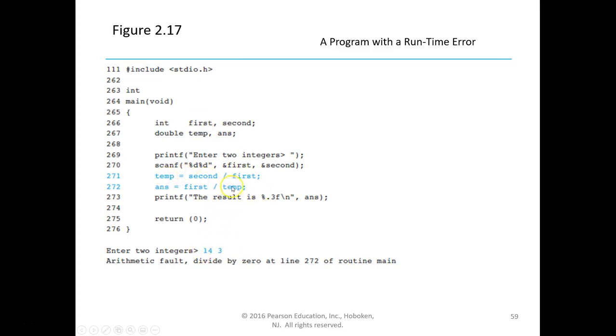Now 0 is going to come here, and then you're trying to divide 14 by 0. That's not going to fly. That's where you have the error here: divide by 0 at line 272. So those are the logical errors you can see.